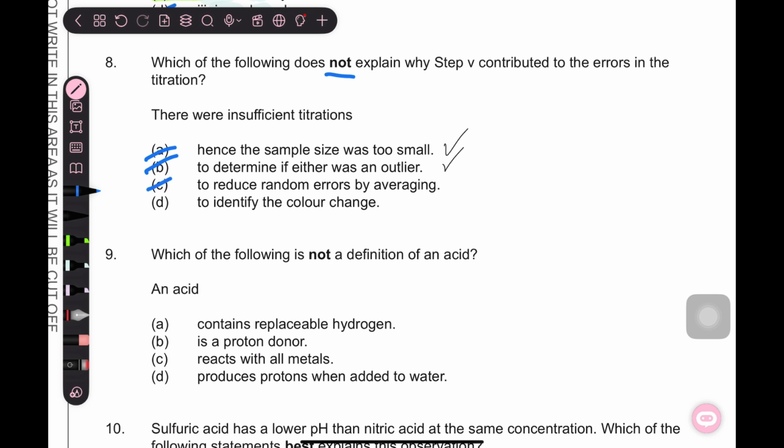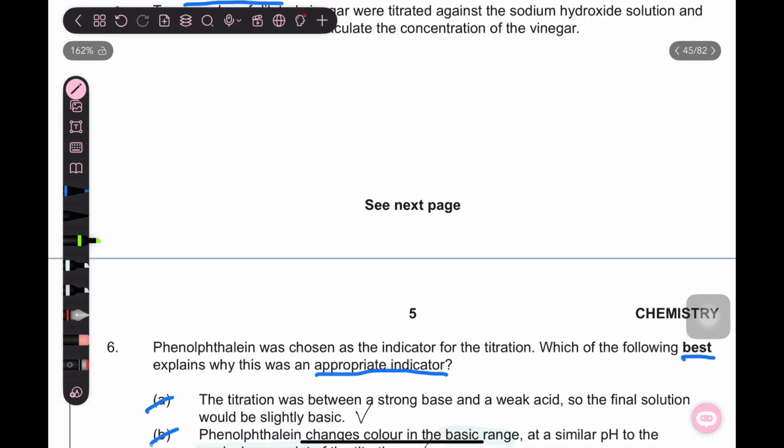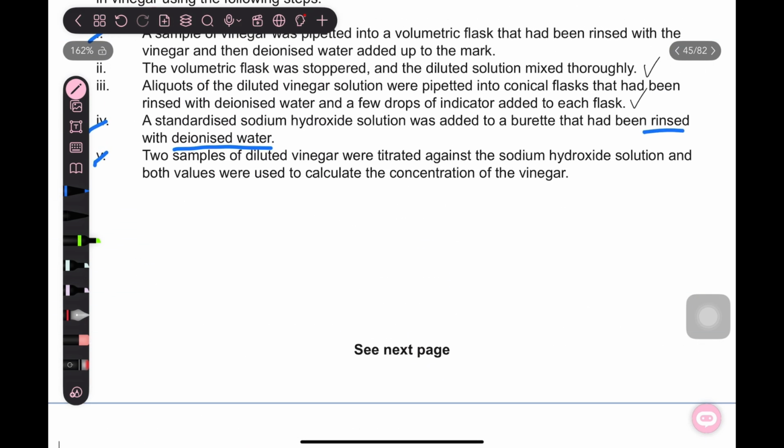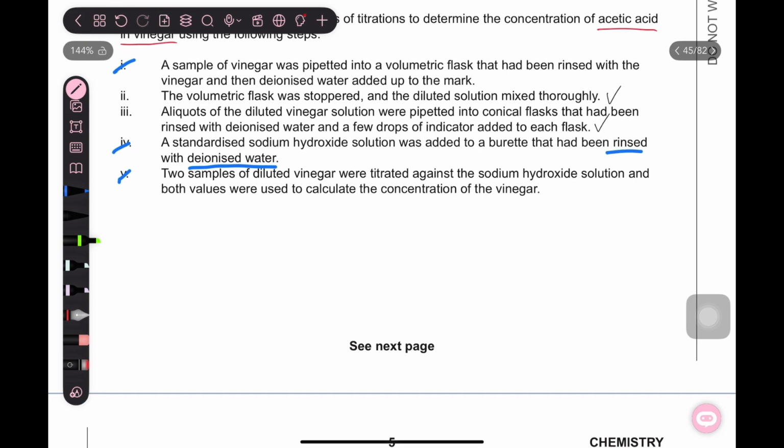Yes, because we've got multiple. That's therefore correct as well. Therefore, we're left with one final answer, which must be our answer: to identify the colour change. So yes, there were insufficient titrations to identify the colour change. And if we quickly refer back, we have insufficient titrations in step 5.